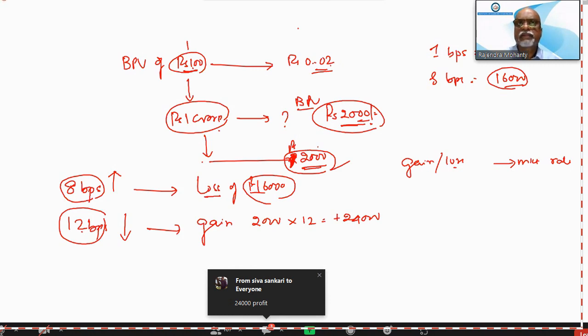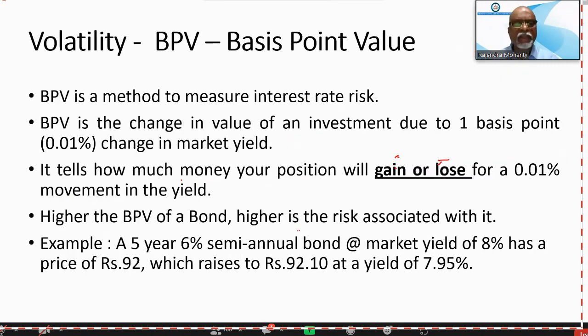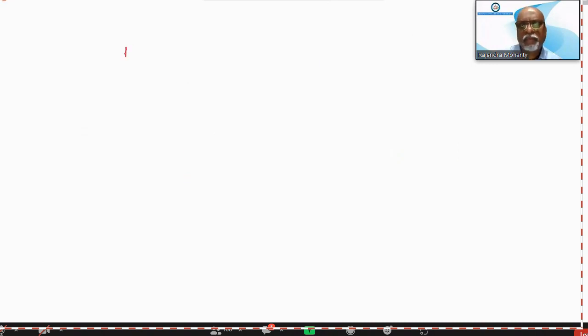Okay, is it clear? Yes, sir. Now I will say another thing about the BPV of a bond. A bond is issued for a time period. Say the bond has been issued for a period of 3 years: 1 year, 2 years, and 3 years. 3 years is the maturity.